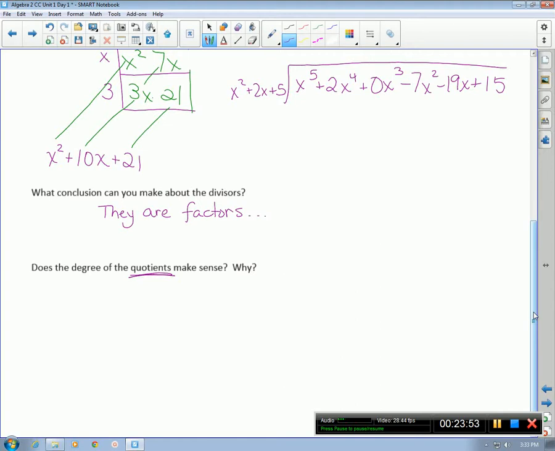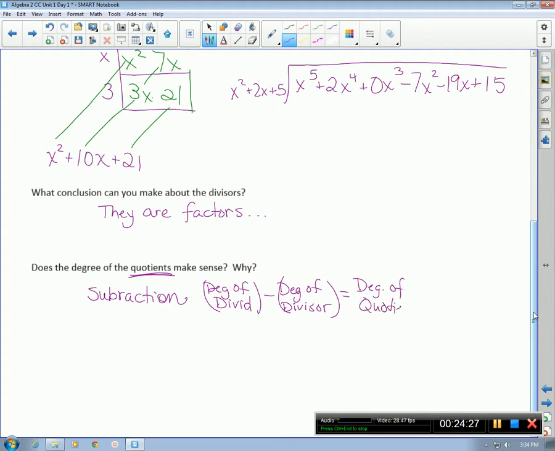So think about the subtraction: degree of dividend minus degree of divisor should equal degree of quotient. So you can just check those, make sure they work.